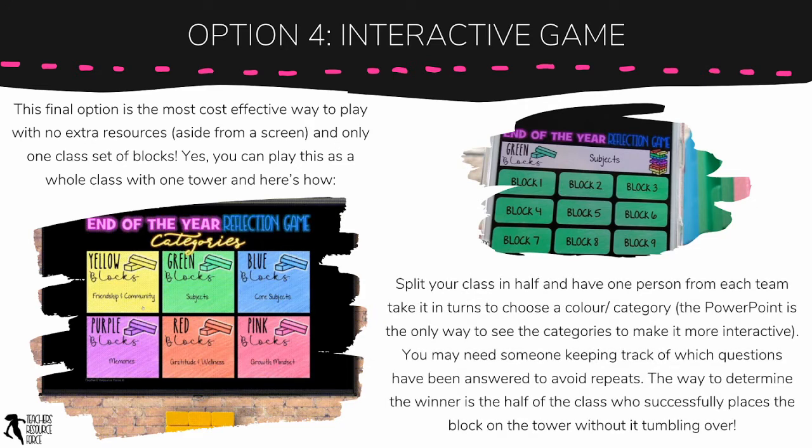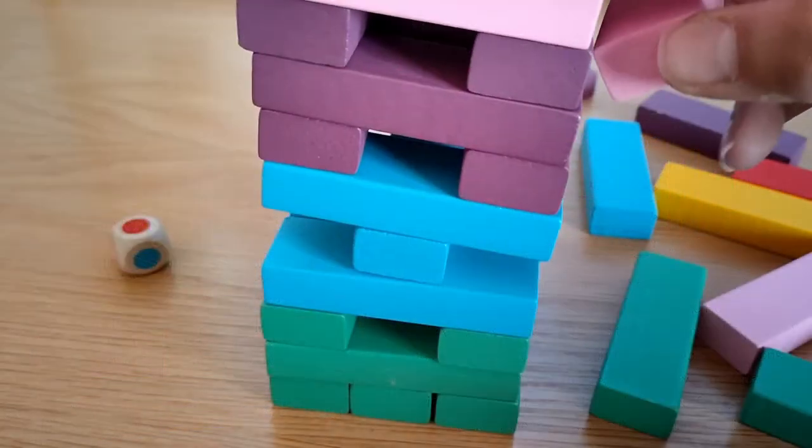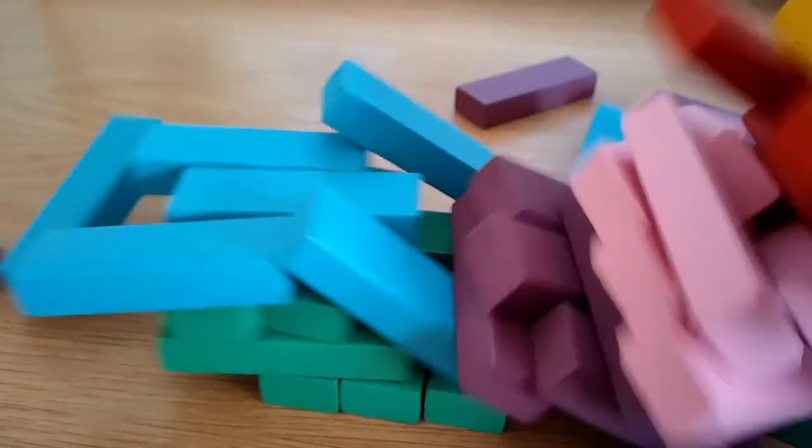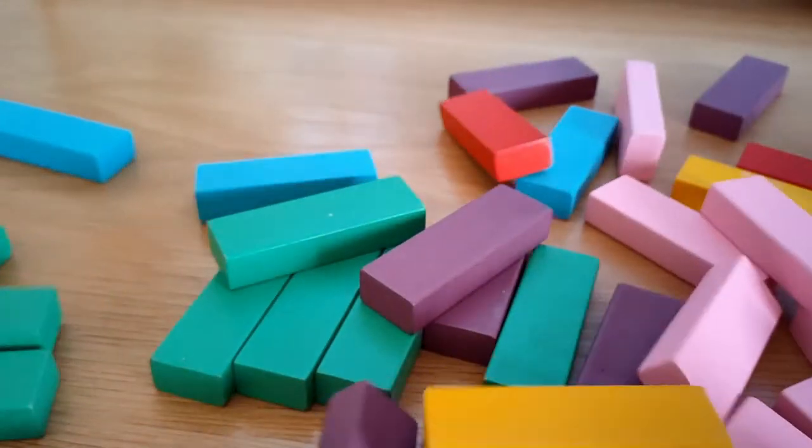All you need to do is split your class in half and have 1 person from each team take it in turns to choose a colour or category. The PowerPoint is the only way to see the categories to make it a bit more interactive. You may need someone keeping track of which questions have been answered to avoid repeats if you choose to. And the way to determine the winner is the half of the class who successfully places the block on the tower without it tumbling over.